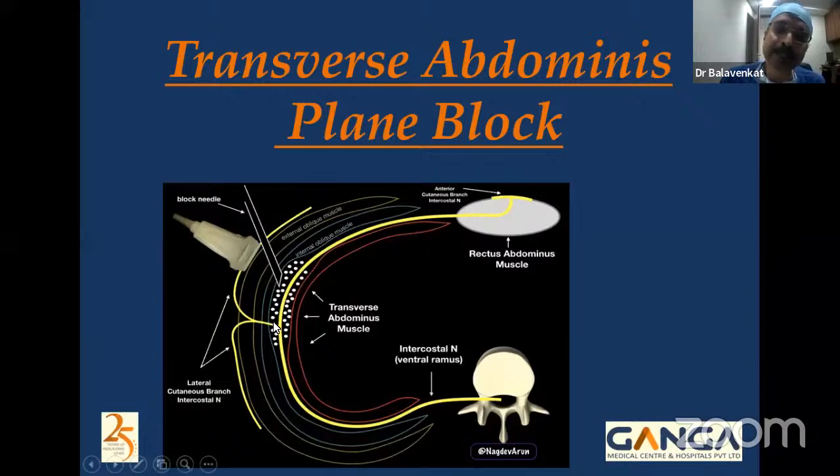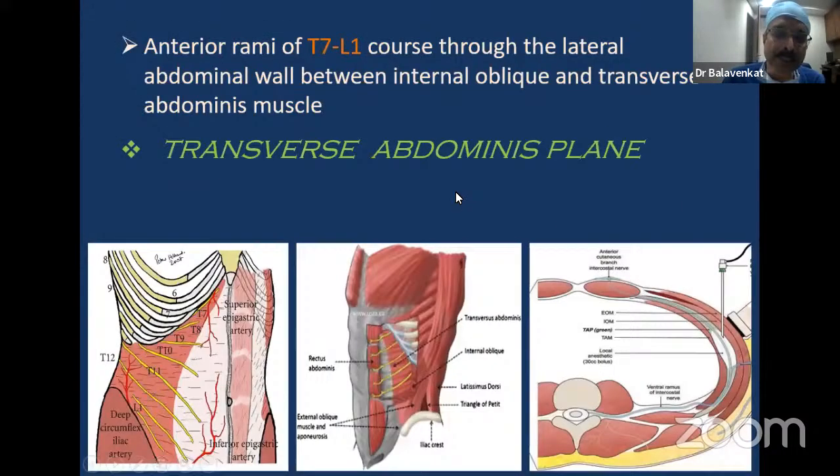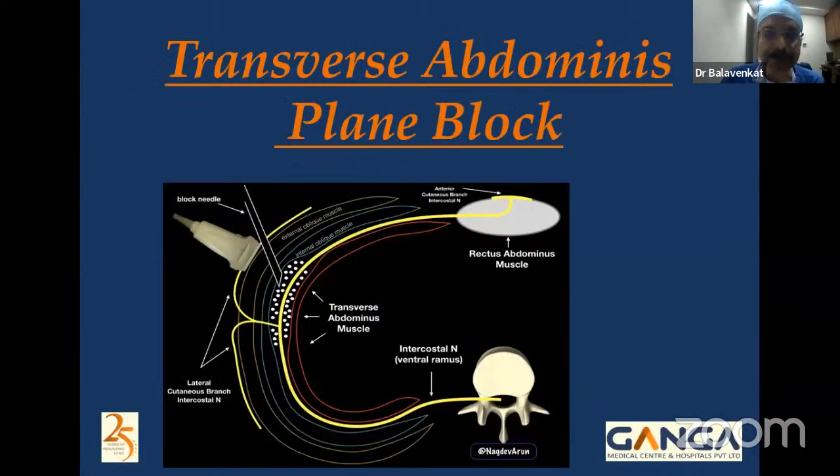You see here, first it gives the lateral cutaneous branch, then the rami goes up, and then it gives an anterior cutaneous branch. So this is a particular thing that I just wanted to enumerate, how the ventral ramus of the intercostal nerve gives off these, and we need to know that these are the two twigs that need to be blocked in a TAP block.